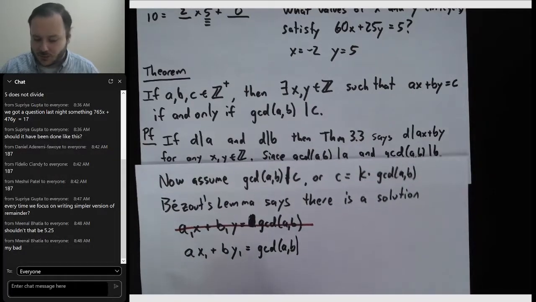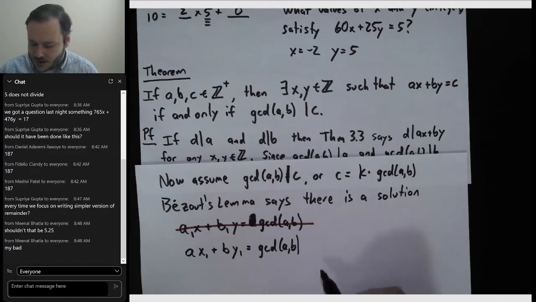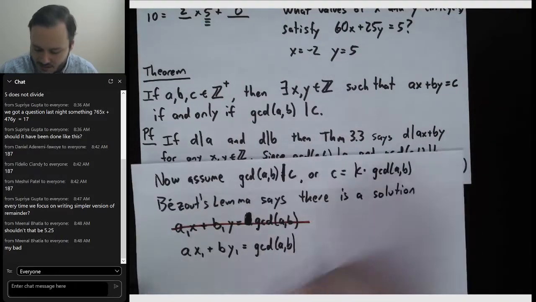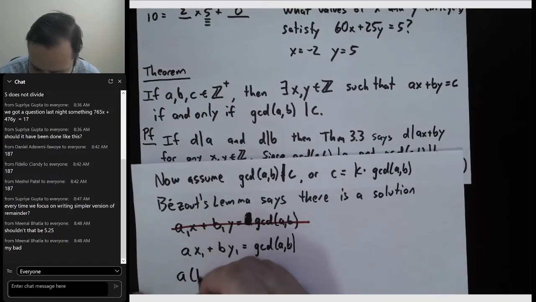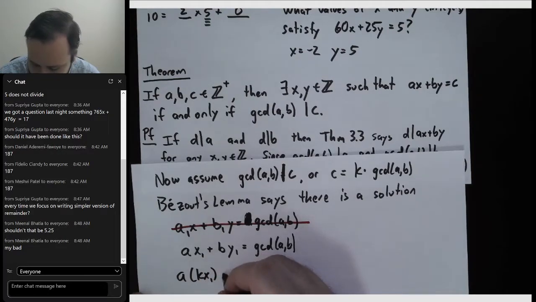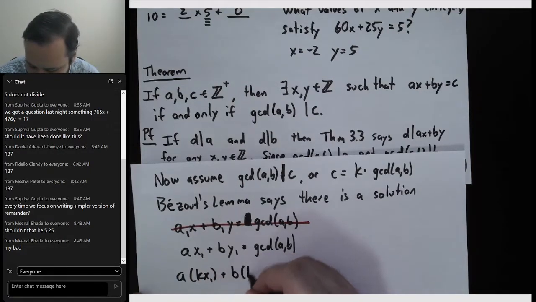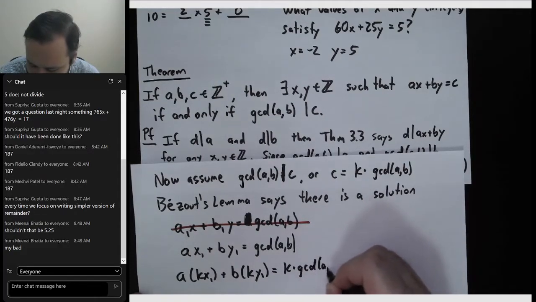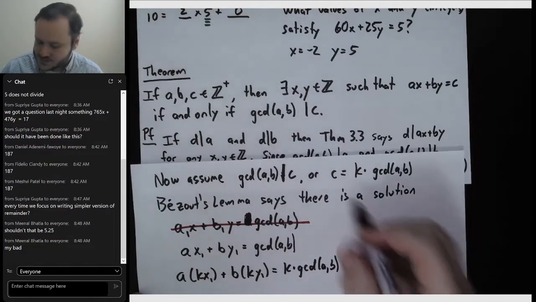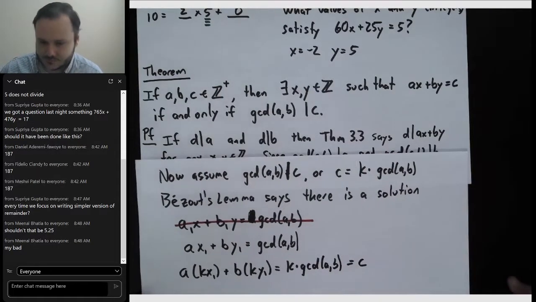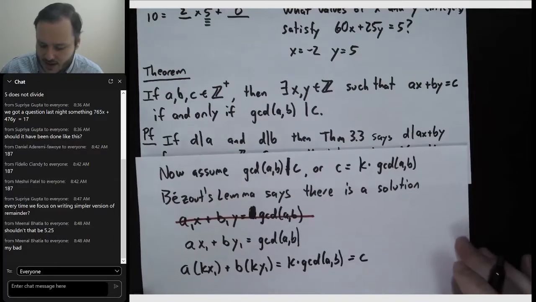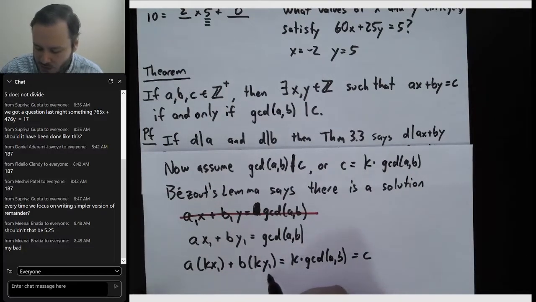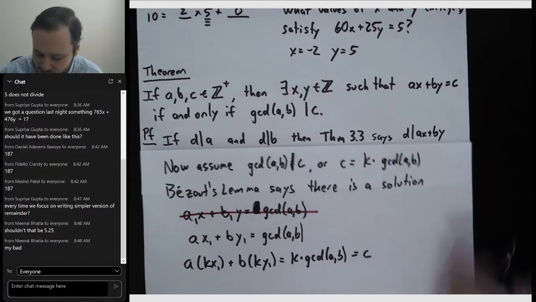And now I just want to multiply everything through by this number k. So A times kx1 plus B times ky1 is equal to k times the GCD of A and B, which we said was C. And since x1 and y1 were integers, k times x1 and k times y1 are also integers.